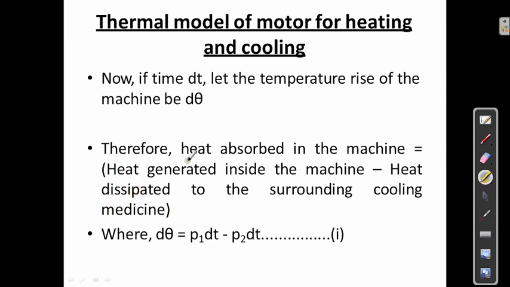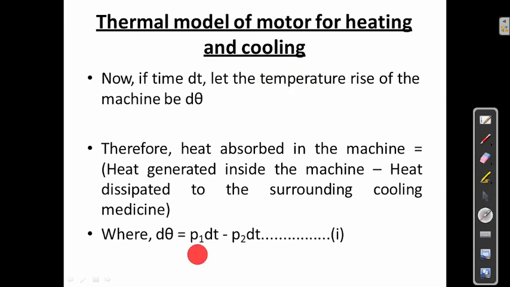That is the main thing. To find the heat absorbed in the machine, we have to calculate how much heat is generated inside the machine and how much is dissipated from it. Subtracting those two gives the exact heat absorbed.